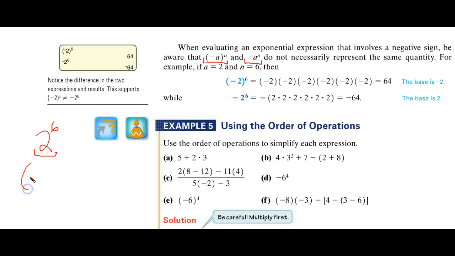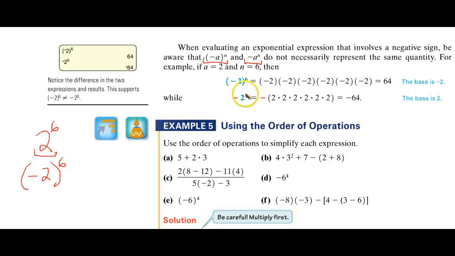When we have something like this, negative 2 in parentheses to the 6th, the base of that exponent is the negative 2. And they're showing you the difference here. Because if you have a negative that you're raising to the 6th power, an even exponent, then your answer is going to be positive. If it were an odd exponent, it would be negative.